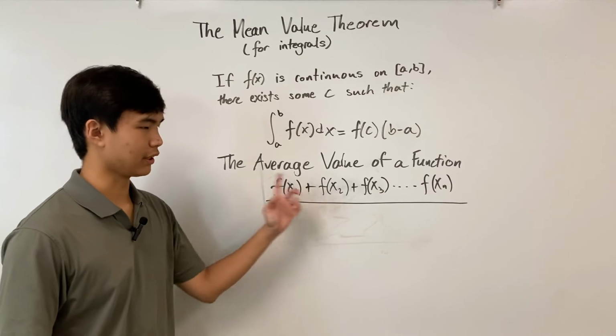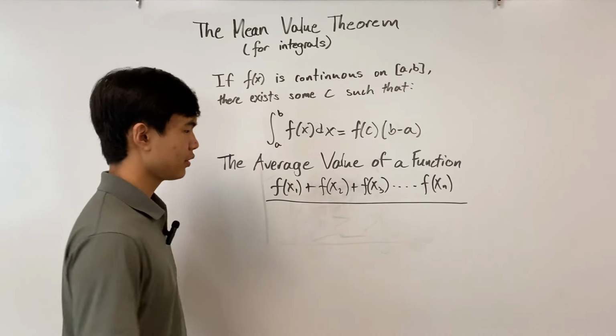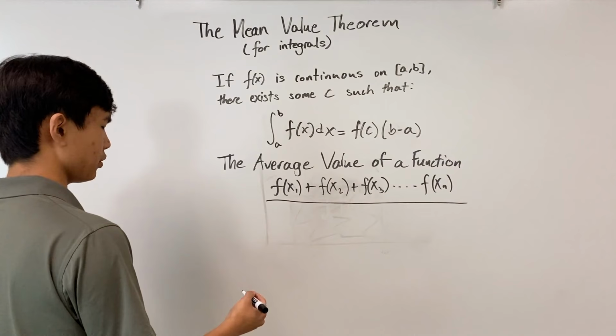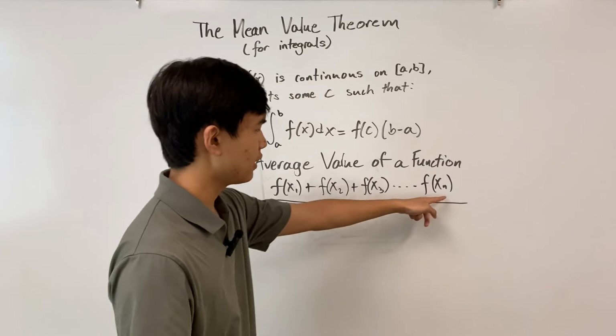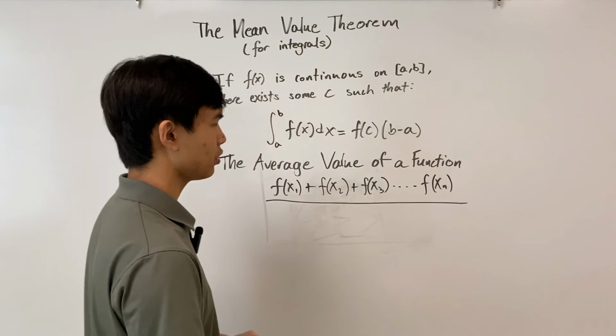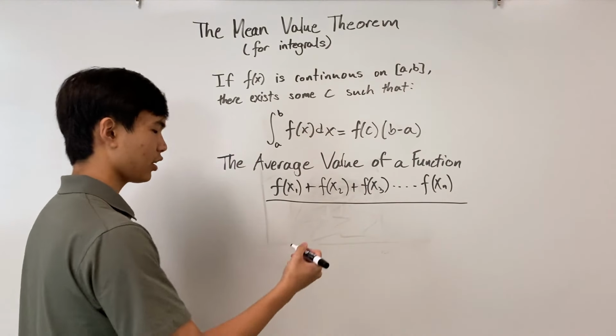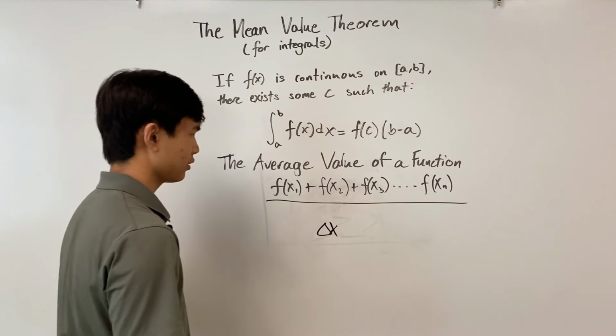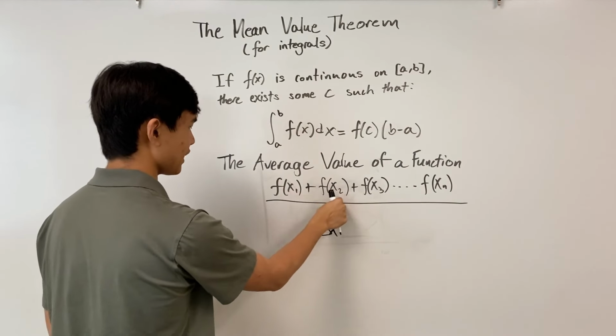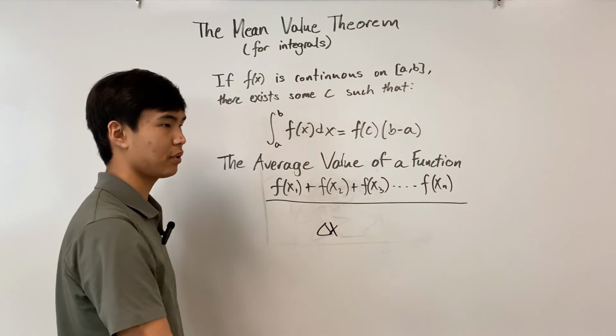Now let's work out the denominator of our average. We want to divide the interval from a to b into n equal subdivisions, and I'll call this length delta x. We're going to assume each of these x values are delta x apart.